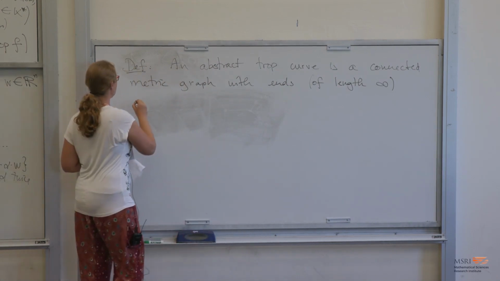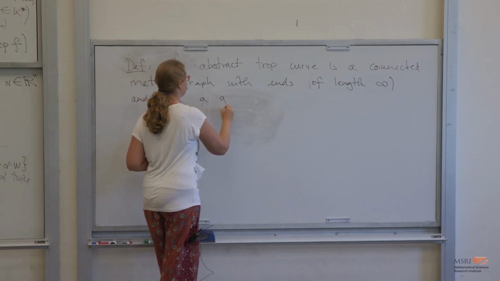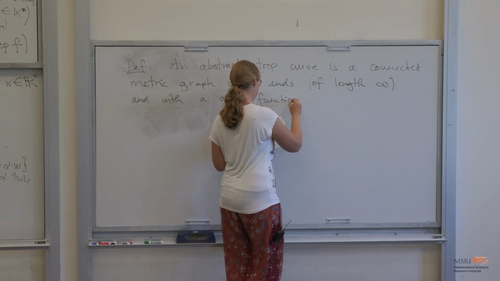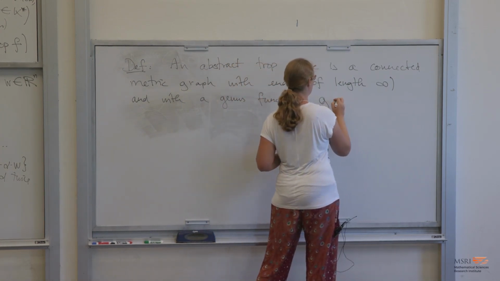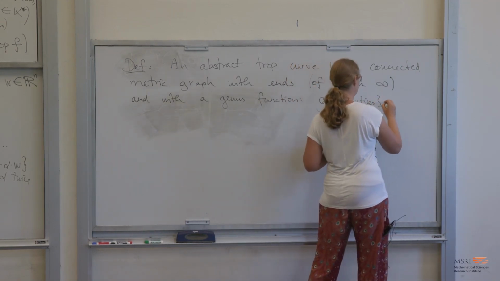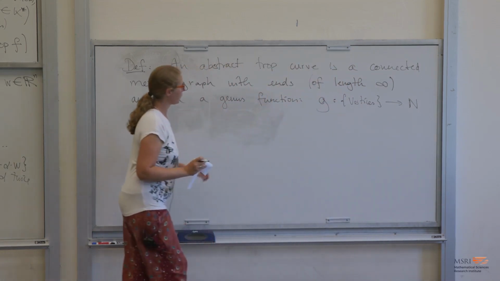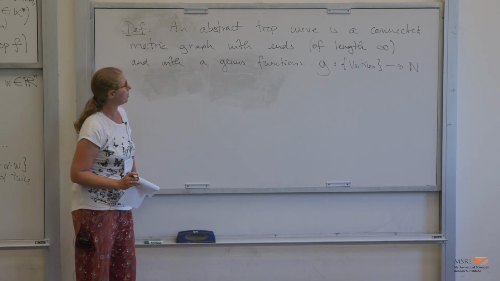And with a genus function g from the set of vertices of my graph to the natural numbers. And this genus function is there because this is something that Renzo also already told you.